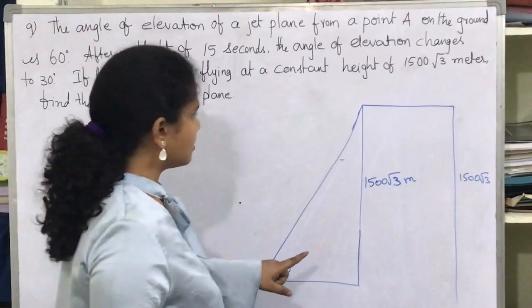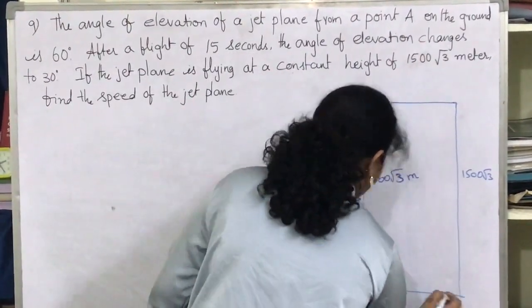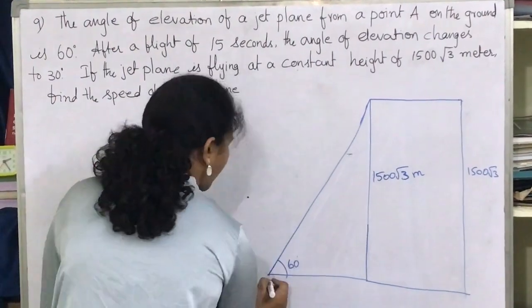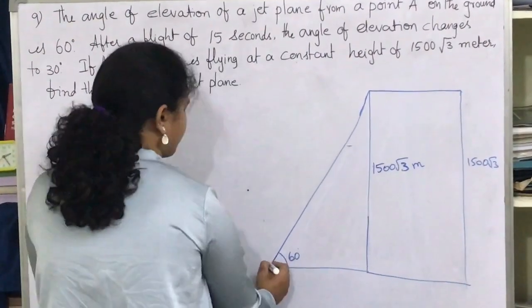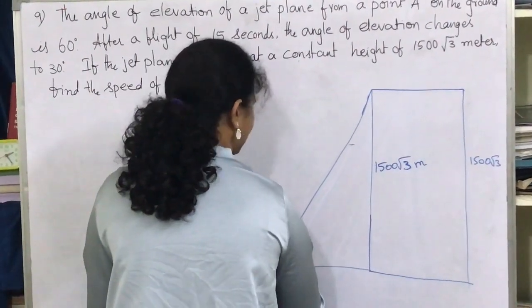Now, the angle of elevation from the point A, let this point be A, to the angle of elevation over here. So let's draw the line.